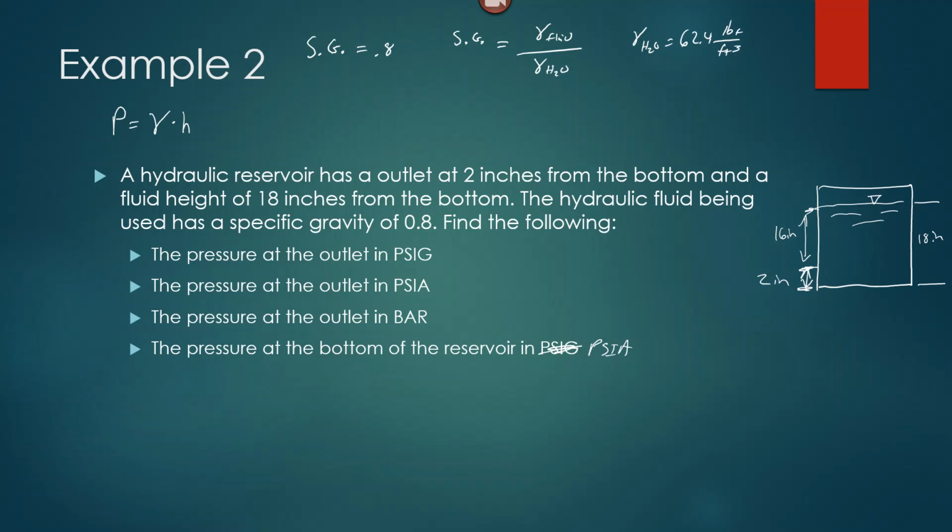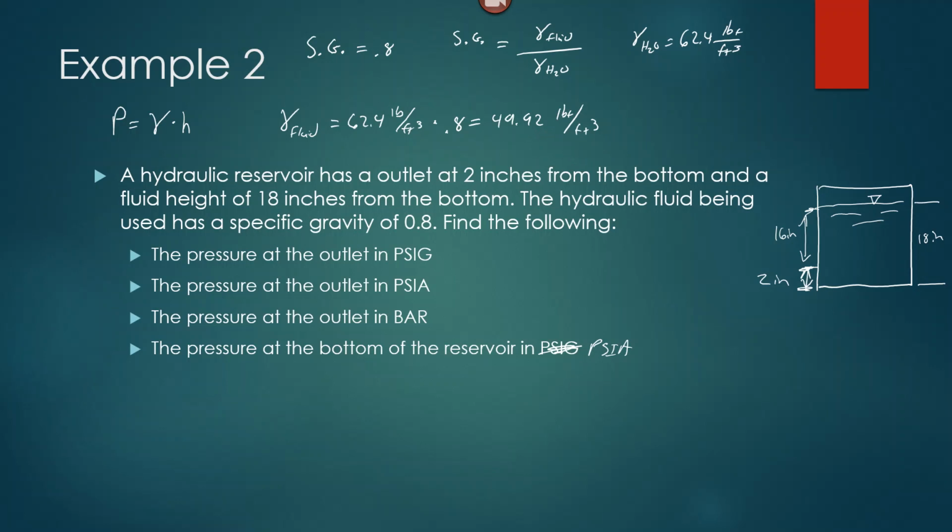So all we have to do is take 62.4 times 0.8, which equals 49.92 pounds force per foot cubed.